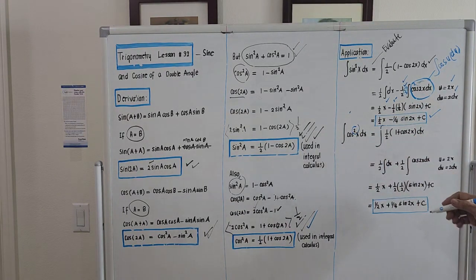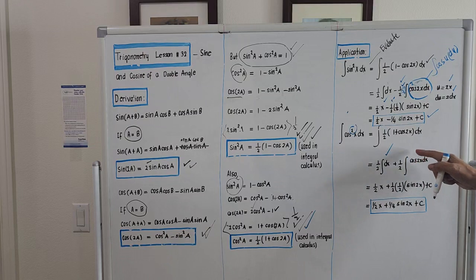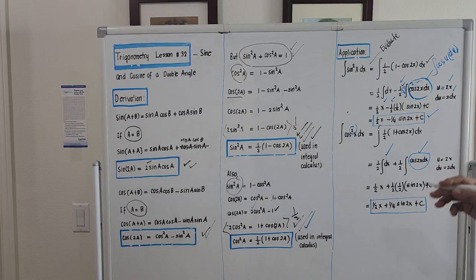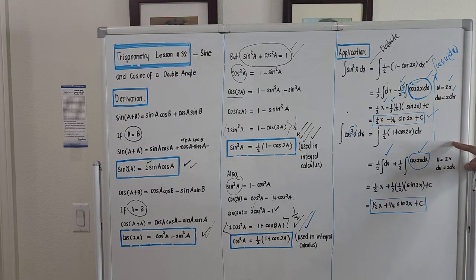Again, expand. 1/2 the integral of dx. This is plus, right? Plus 1/2 the integral of cosine of 2x dx. And actually this is now integrable. There is a standard formula on how to take the integral of a cosine. But we must have to verify the differential u. The total angle here is twice x, right? So u is 2x.